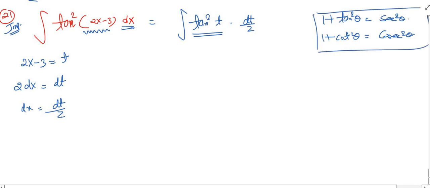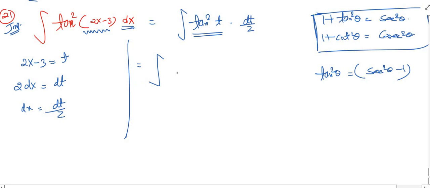These are very important formulas. From this formula, can I write tan square theta is sec square theta minus 1? So I will use it here. Okay, so tan square t will become sec square t minus 1 dt, and this 2 we will take out.